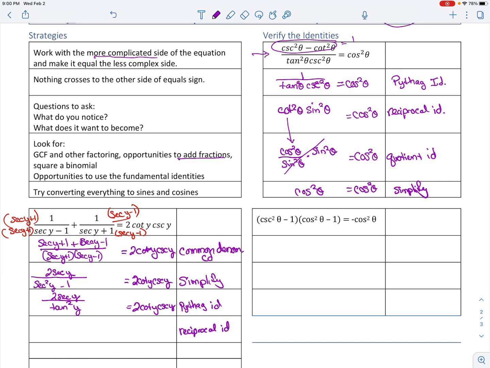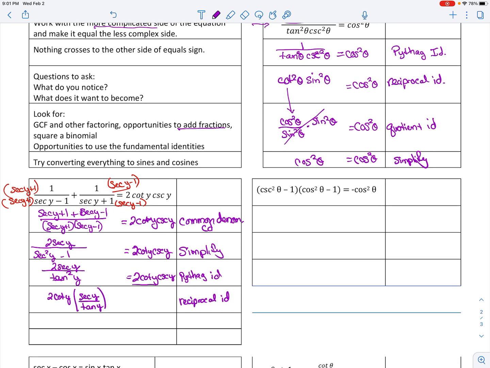To get a 2 times the cotangent of y, we're just using one of these tangent squareds, times this secant of y that's staying the same over a tangent of y. That helped us get a 2 cotangent of y. One of these tangents became a cotangent when it came to the numerator. It's the reciprocal identity.